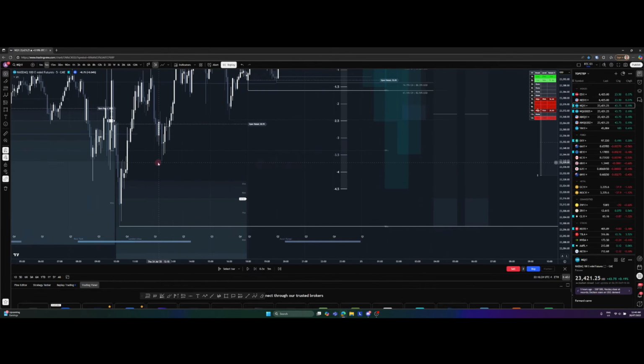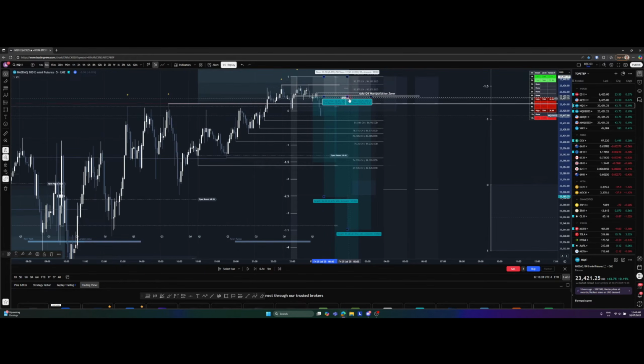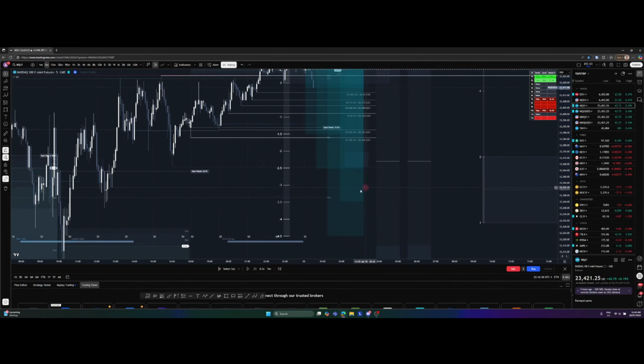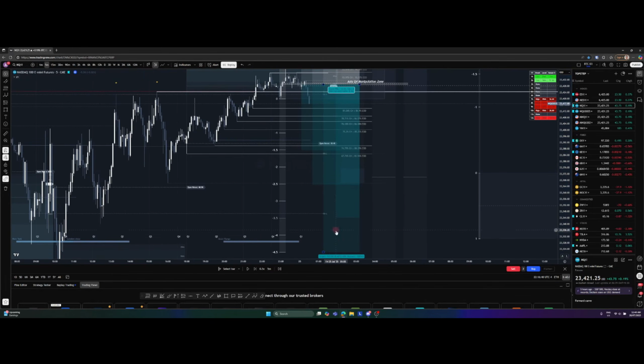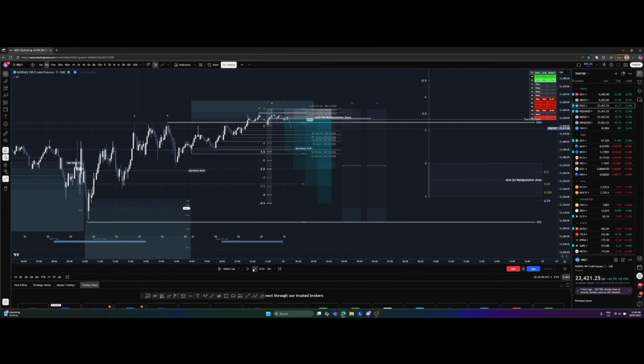So we have another low here. Okay, keep moving along. Watch price play out here.